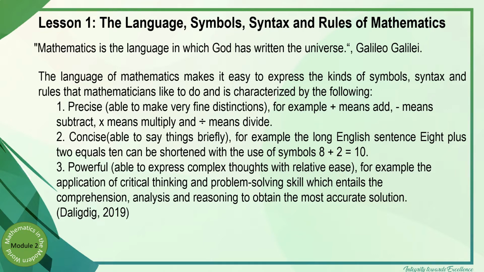Sabi sa Pythagorean theorem, the square of the hypotenuse of a right triangle is equal to the sum of the squares of its two legs. So, kung iisipin natin yung terms na ginamit dun sa statement ng Pythagorean theorem, medyo mukha siyang riddle, mukha siyang bugtong. Ang hirap intindihin in terms of words.